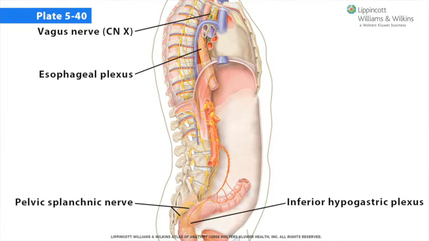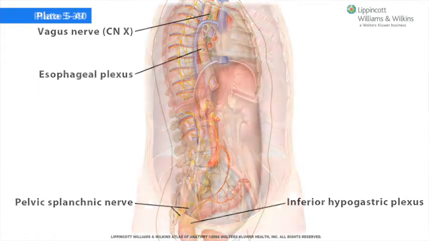Some of the pelvic splanchnic nerve fibers leaving the inferior hypogastric plexus innervate the pelvic viscera. Others enter the abdomen to join the aortic plexus and ultimately innervate the distal gastrointestinal tract.